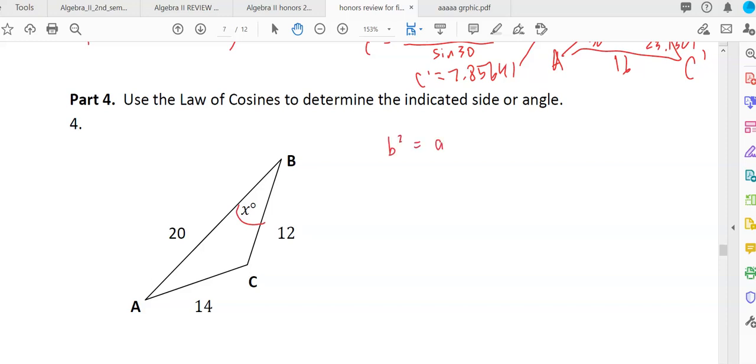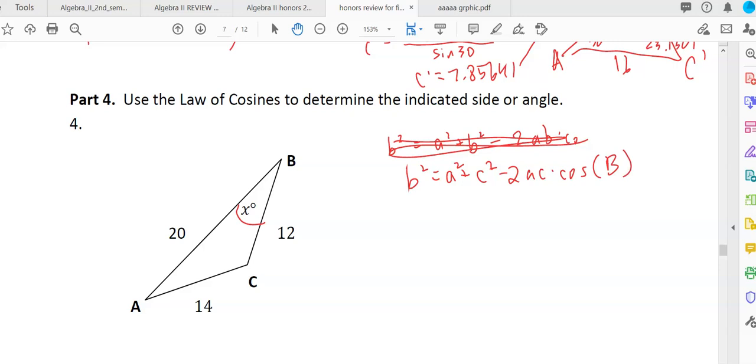So b squared equals a squared plus c squared minus 2ac times cosine of big B. So this will be 14 squared equals 12 squared plus 20 squared minus 2 times 12 times 20 times cosine of x, or B there, whatever you want to call it.